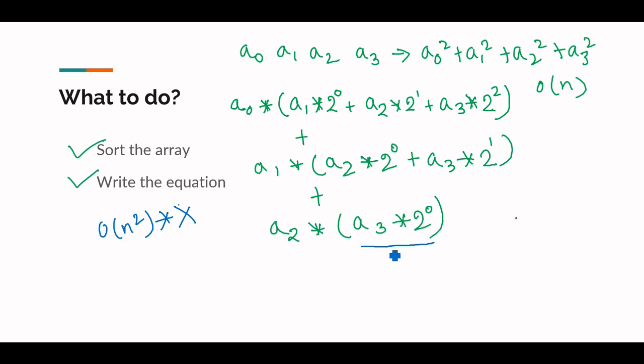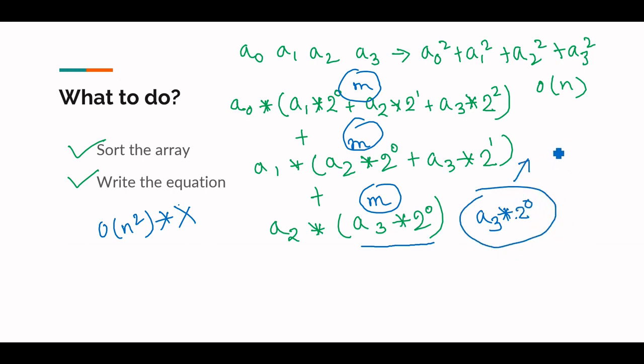Suppose this part we are storing in a variable called m. So at this point m is a3 into 2 to the power 0.